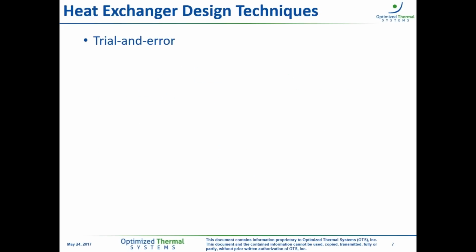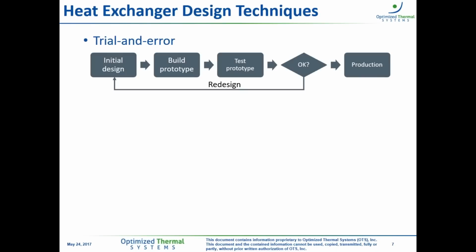So I want to begin by talking about how we design heat exchangers. Conventionally, there's a lot of trial and error in the industry. We typically have situations where we may have an existing design of a heat exchanger that is successful and meets our requirements, but we have a new task where we need to develop a different product that may have some different percentage of heat load of that original design, for example, or we may have a need to reduce cost of an existing design.